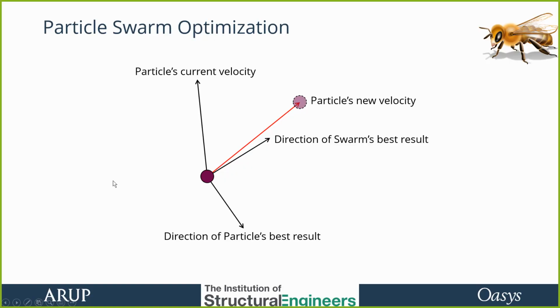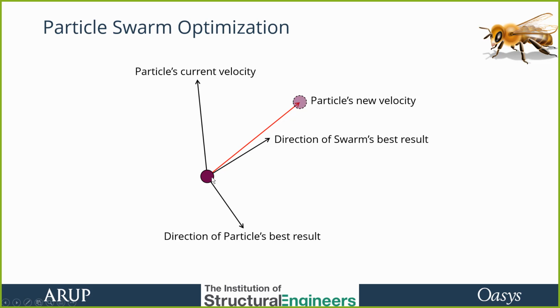And what we have instead is a particle, a point in the design space, which is flying through the design space. So it has a velocity, a velocity vector. It's at a point, it has a velocity. It also knows the best answer that it's found, so it has a vector towards there.